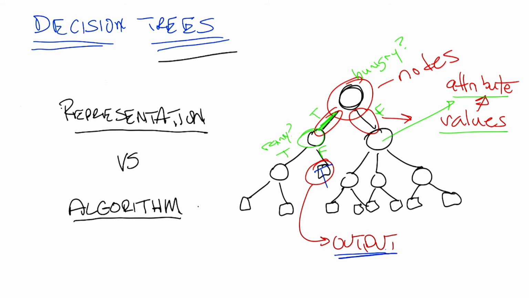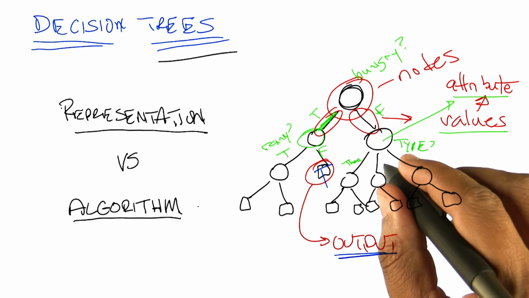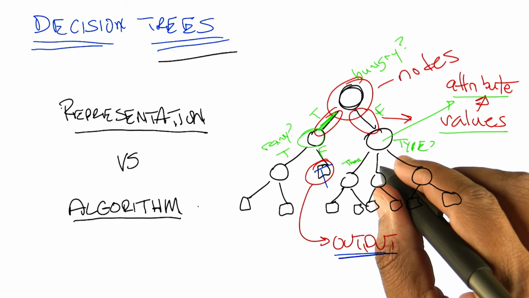So let's make that clear by picking another possible attribute. You can imagine that if I'm not hungry, what's going to matter a lot now is, say, the type of restaurant, of which we said there were many types. So, Thai, I forget what other ones we came up with.